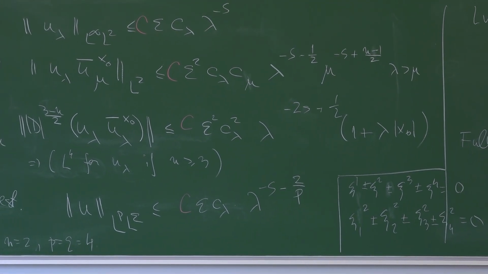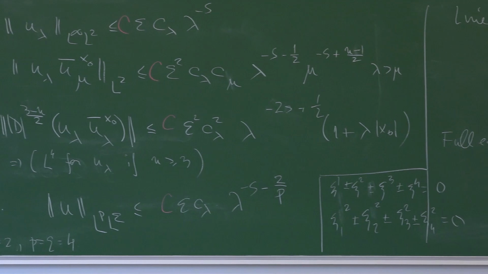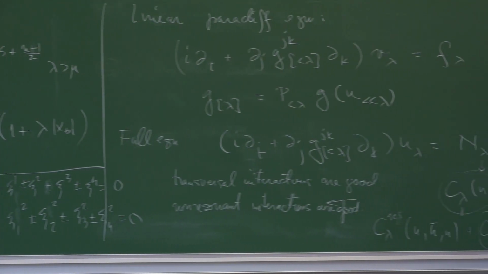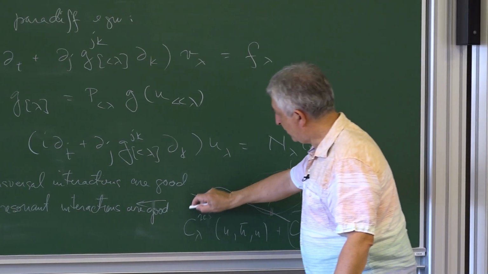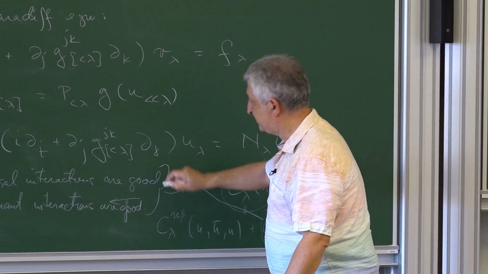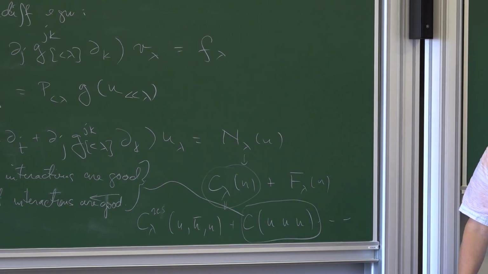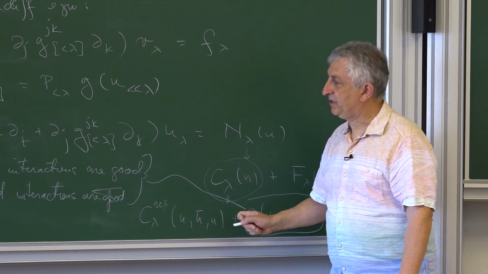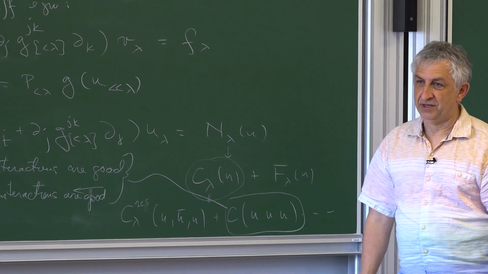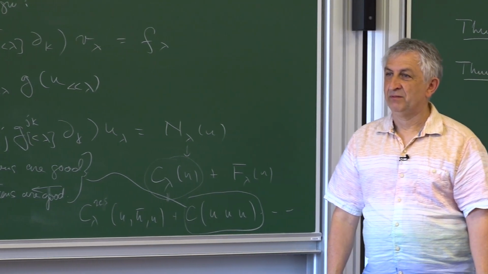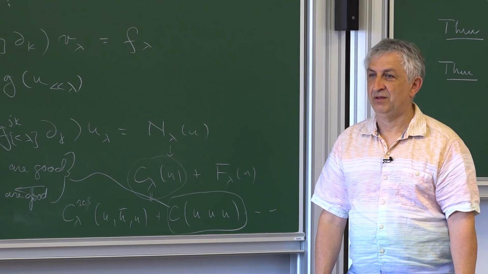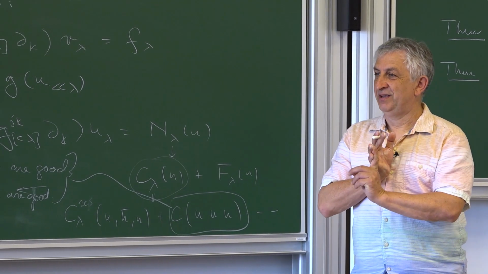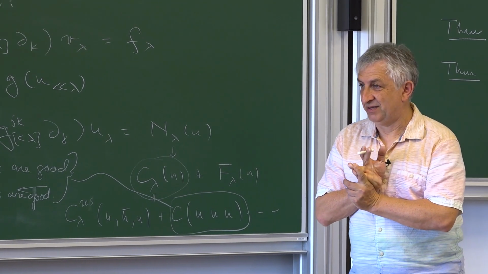Okay, so this means that this part in here that does not have the phase rotation symmetry, all of it goes into this box. And then all you have to worry about is the cubic nonlinearity which has the phase rotation symmetry. All right. So this is what happens, at least in the elliptic case.